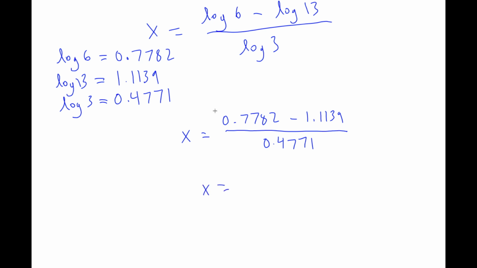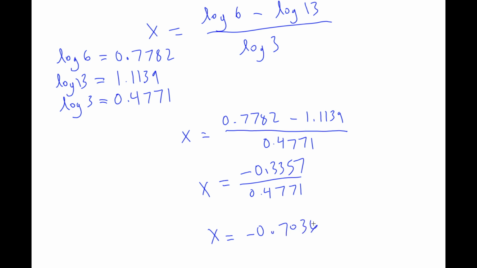And if I simplify this, 0.7782 minus 1.1139 is negative 0.3357, divided by 0.4771, and this simplifies to negative 0.7036. So this is our answer.